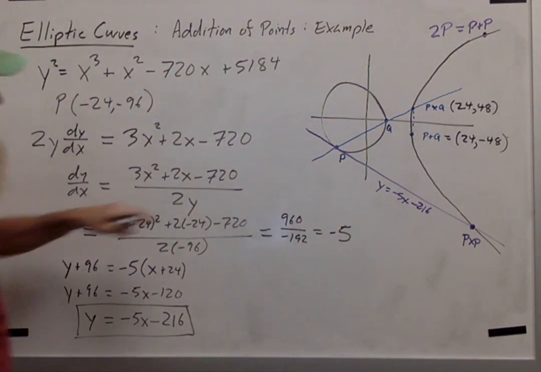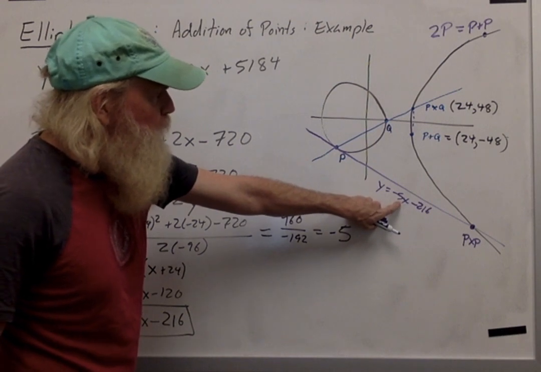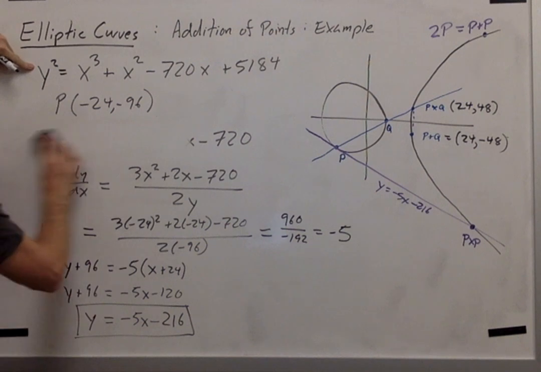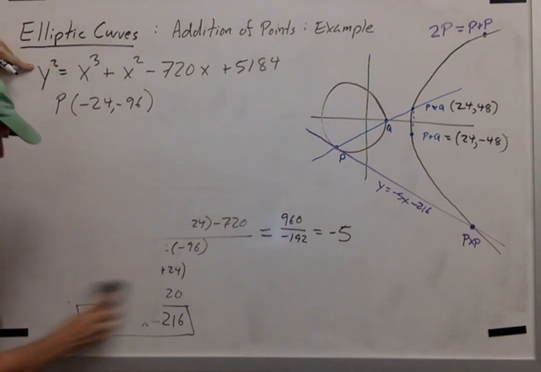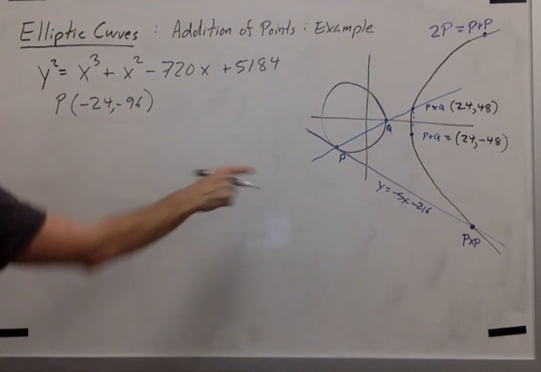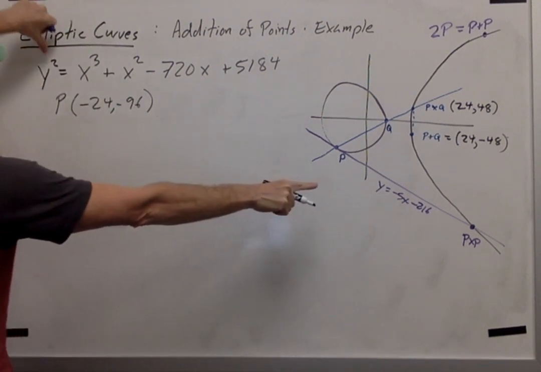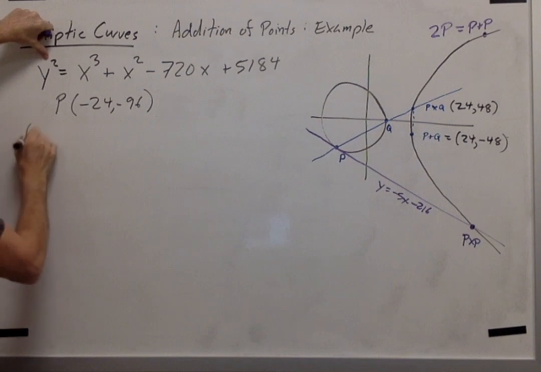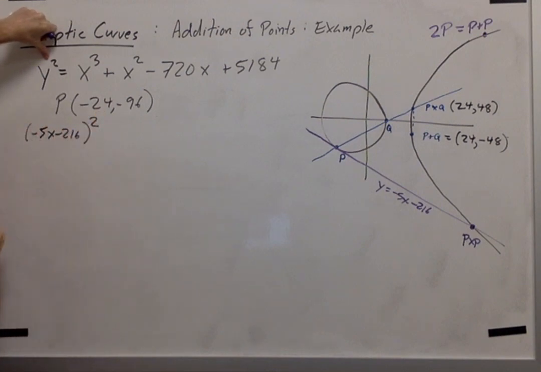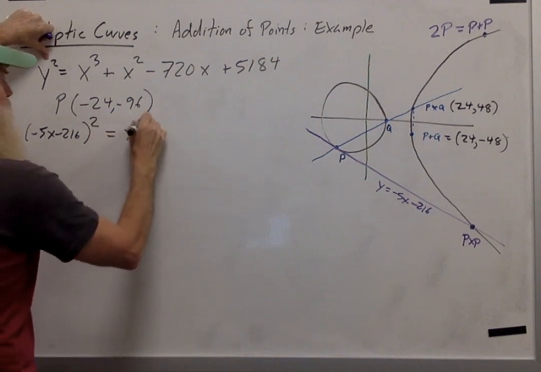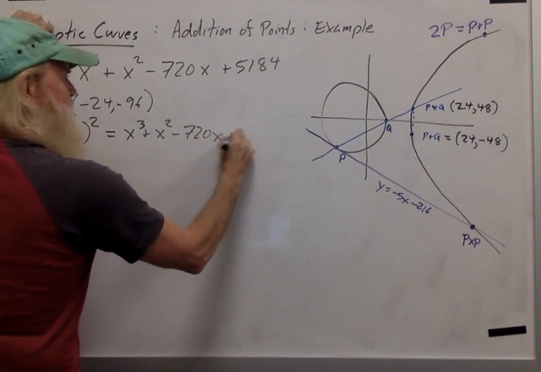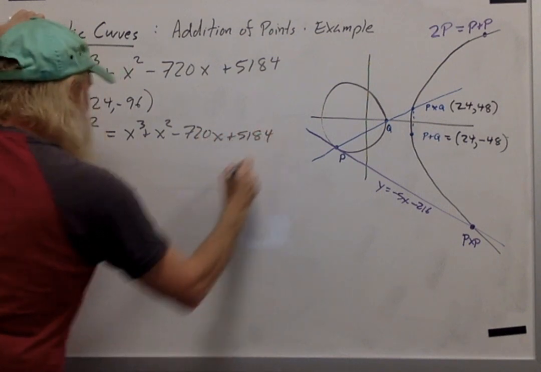So I'm going to erase this, and we're going to figure out the points where this line crosses this cubic. So substituting negative 5x minus 216 for the y, we'll square that and set it equal to x cubed plus x squared minus 720x plus 5184.